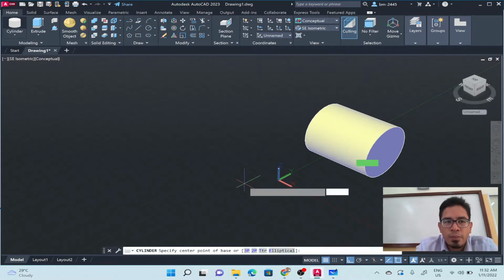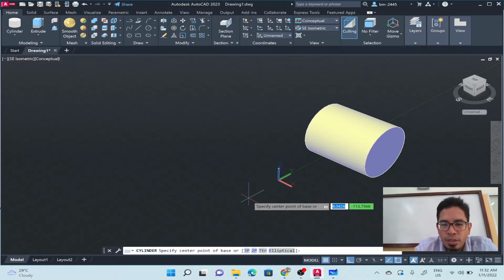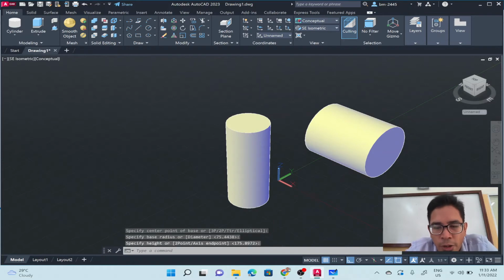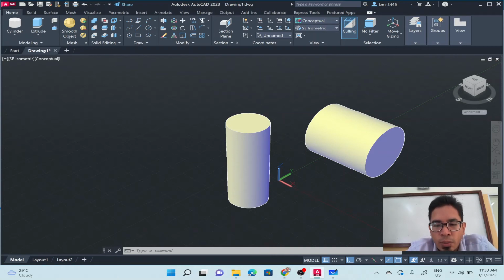If I draw a cylinder now, you can notice there is a slight change. Remember when I mentioned the circular surface of the cylinder will always follow the XY plane. I hope you get something from this video, and thank you very much.